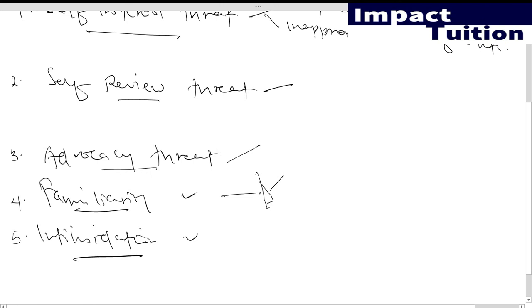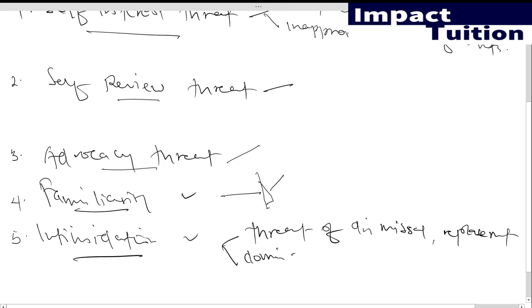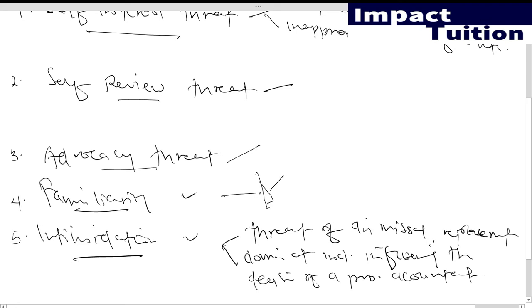Examples: threats of dismissal or replacement, or a dominant individual attempting to influence the decisions of the professional accountant.